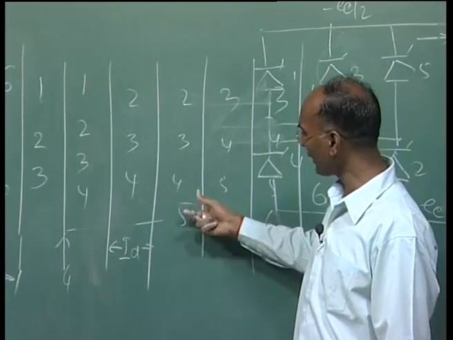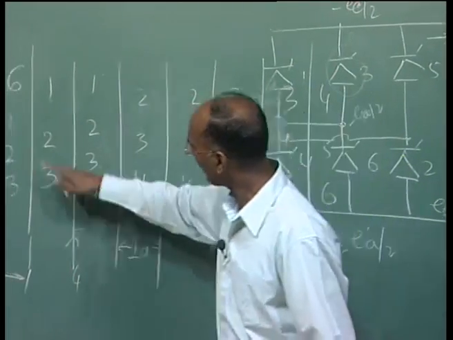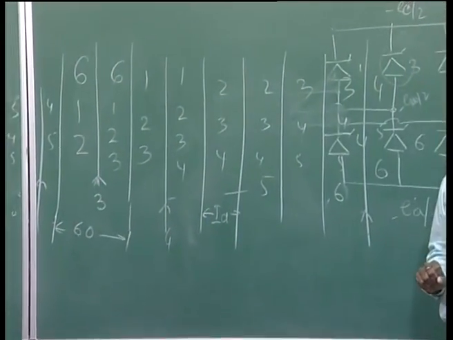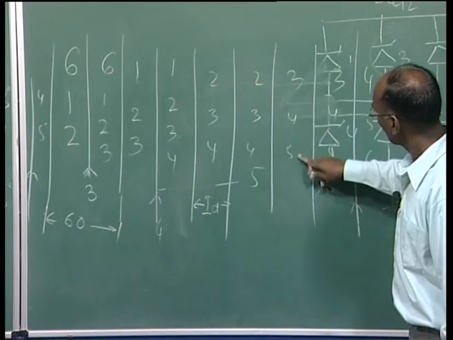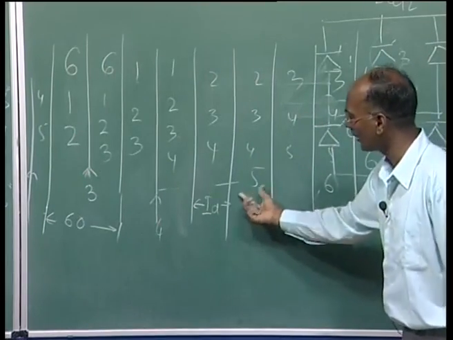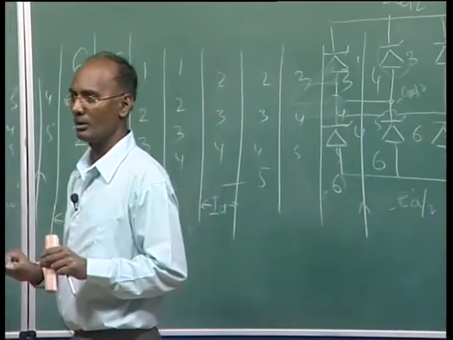So, sharing twice, here 3, 5, here 1, 3, the commutation is taking place, and this is also commutation, this is also sharing. So, we are having 3 distinct portions.